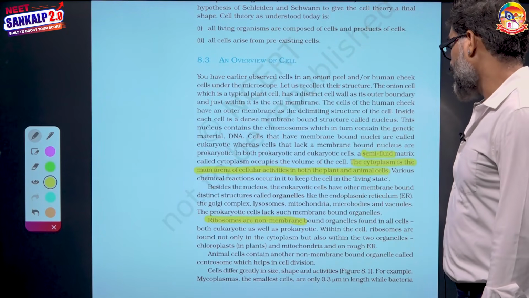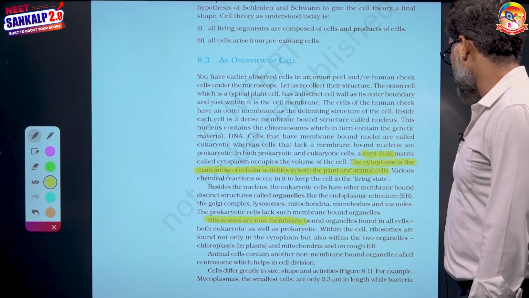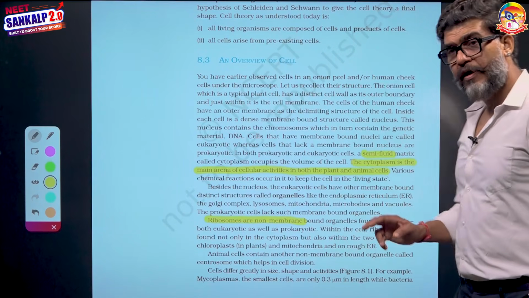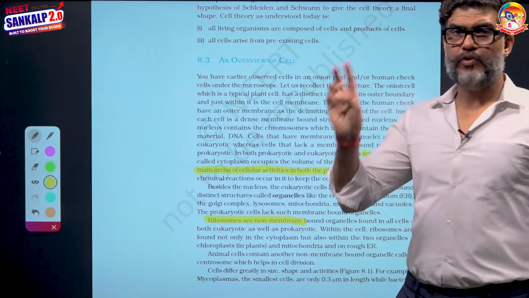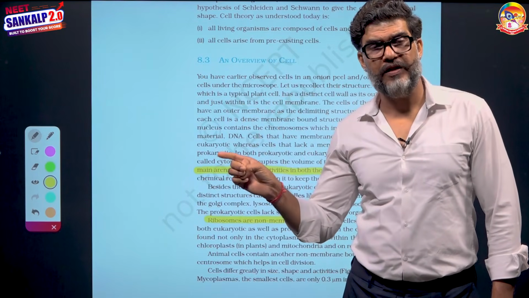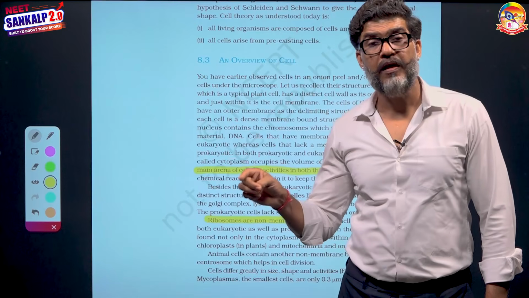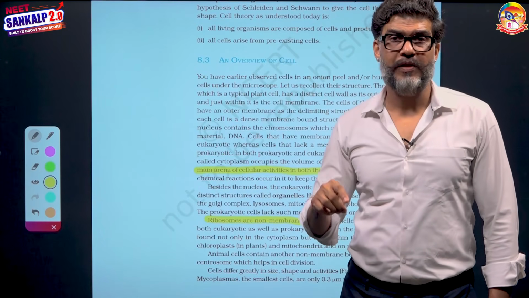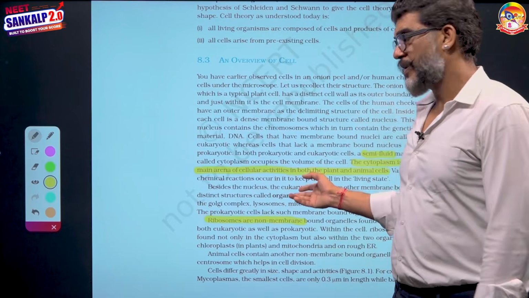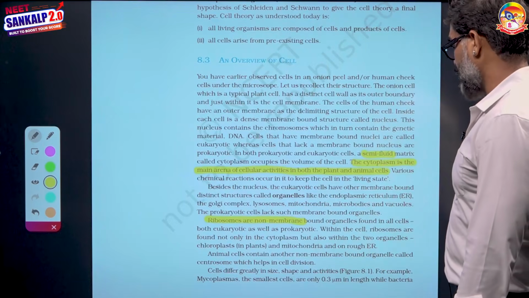Ribosomes are found not only in the cytoplasm but also within two cell organelles, chloroplast and mitochondria, and on the ER also. Ribosomes are of three types: bound ribosomes, which remain attached to the ER and nuclear membrane; included ribosomes, which remain present inside the plastid and mitochondria; and free ribosomes, which remain present in the cytoplasm.